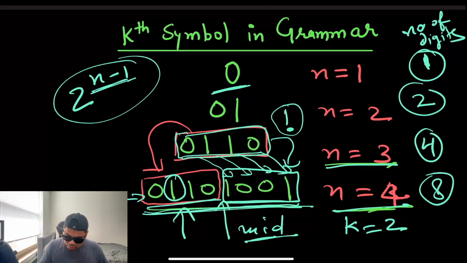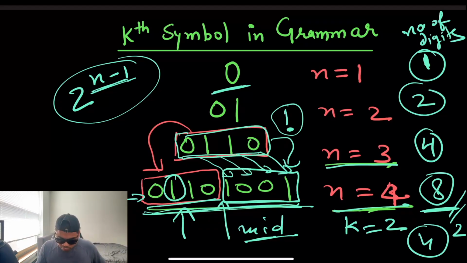That would be 2 to the power 4 minus 1, which is 2 to the power 3, which is 8. So it's 8 here. 8 divided by 2 will give me 4, which is 1, 2, 3, 4. 4 will be over here, and I'll check if my k is lesser than 4.